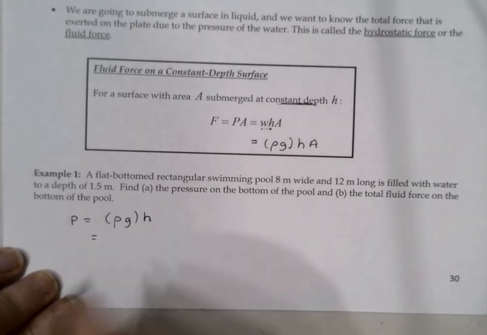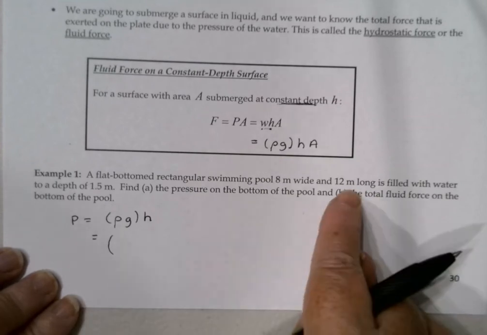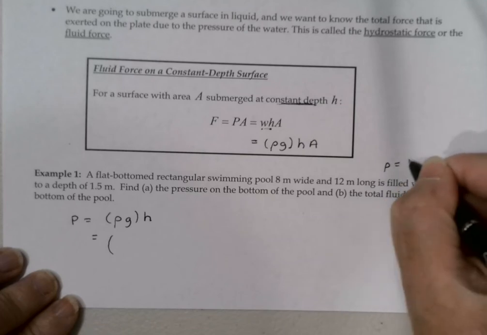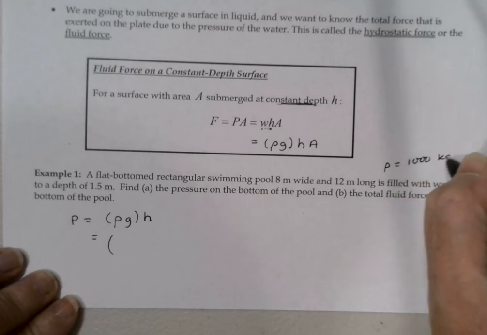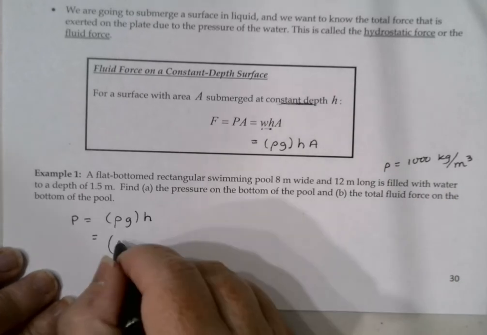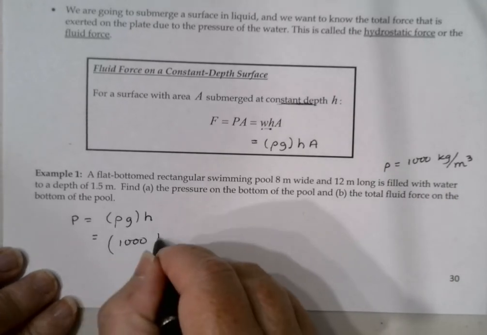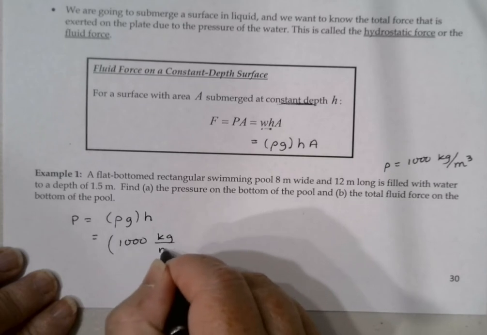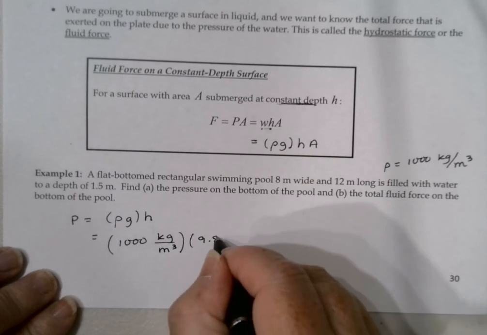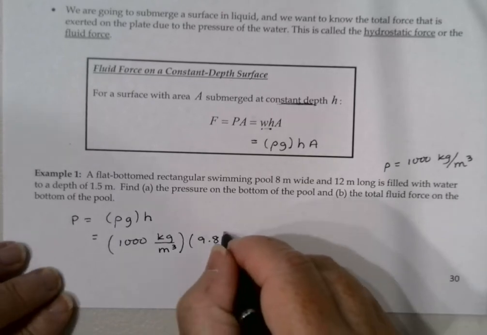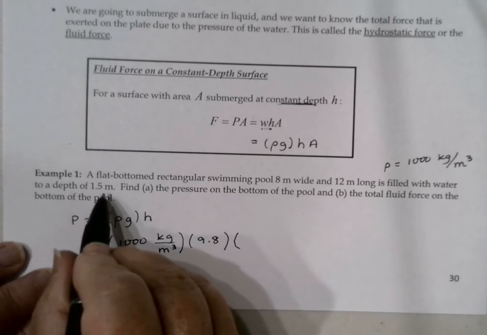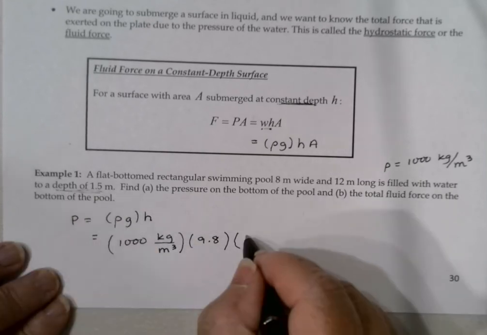And so, this is meters, so my rho is 1,000 kilograms per cubic meter. g would be 9.8, and h, this is the bottom of the pool, so the whole thing has a depth of 1.5.